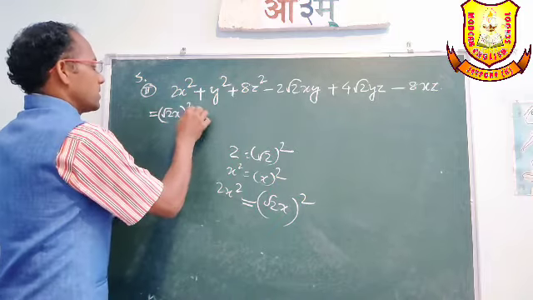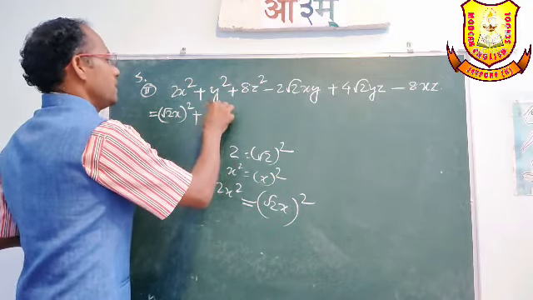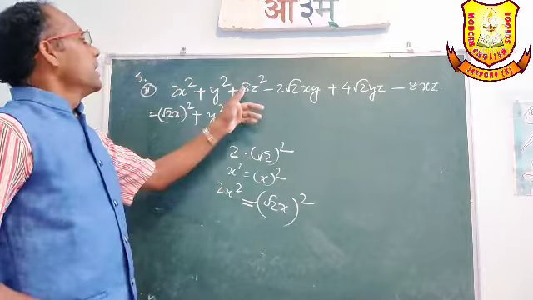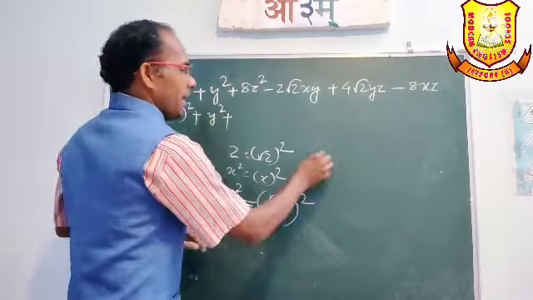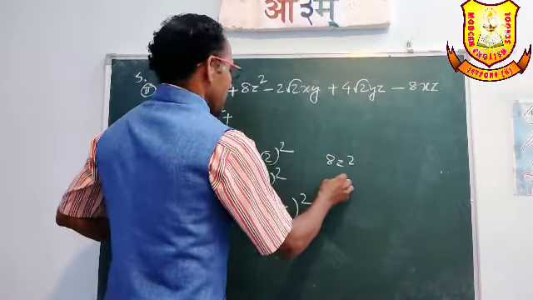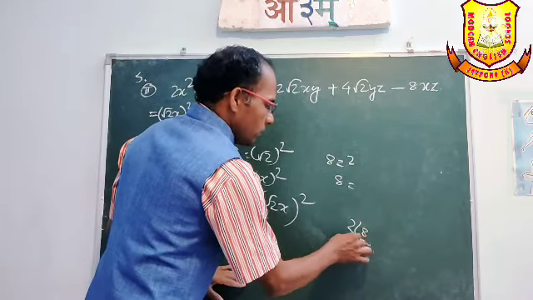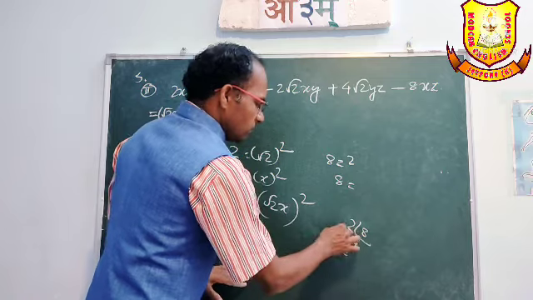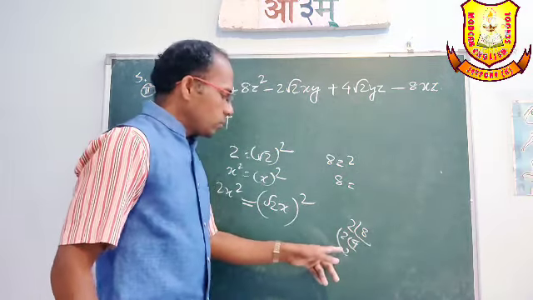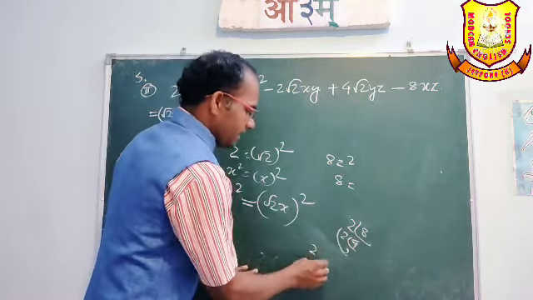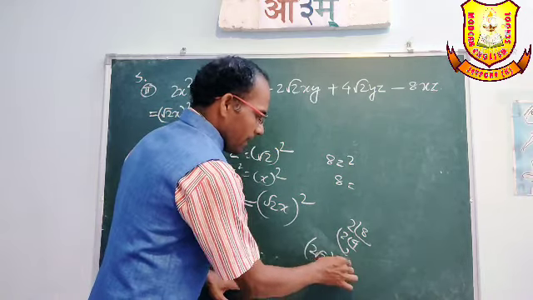Okay, plus y square plus 8z square. Here 8, you factorize 8: 2, 4, 2, 2. So out of the 2 twos, 1 two we will take, and this is root 2 whole square.